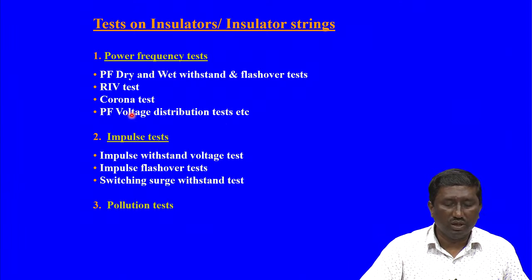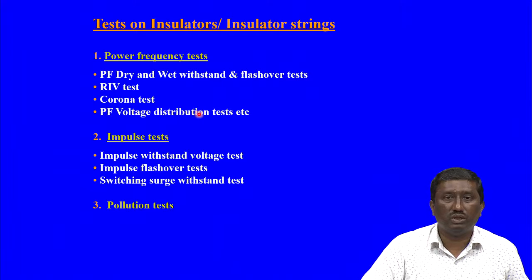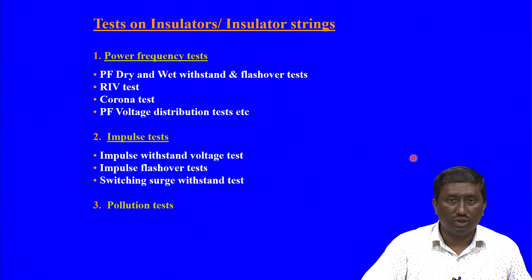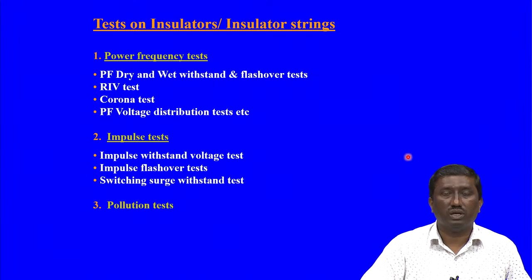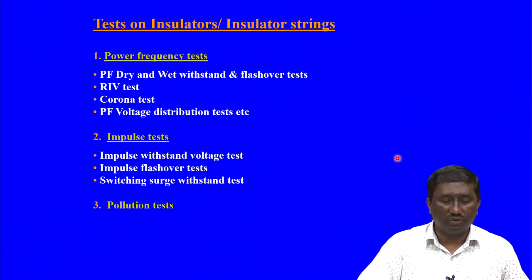Then power frequency voltage distribution. So, voltage distribution is generally carried out for the insulator strings at EHV and ultra high voltage. The number of discs which are connected in cascade will be in case of 400 kV 23 to 25, in case of 765 it will be around 35 to 40 discs.